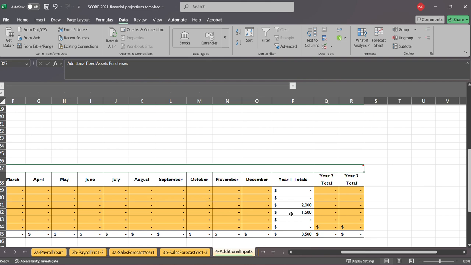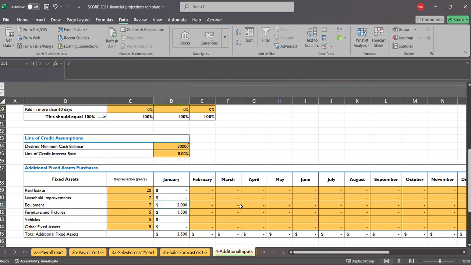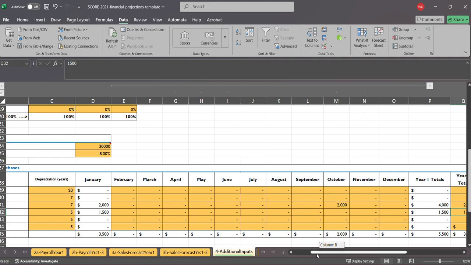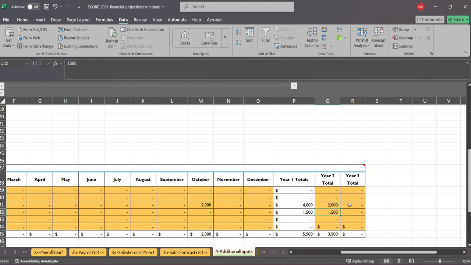So I can estimate, okay, in October I might need to buy more equipment just to handle the increased output. So I'll just add 2,000. And then every year I'm going to at least purchase more equipment. It could be a replacement, it could be an addition. And then the third year, I think I'm doubling again. So I'll just say I'm going to buy even more equipment in year 3.